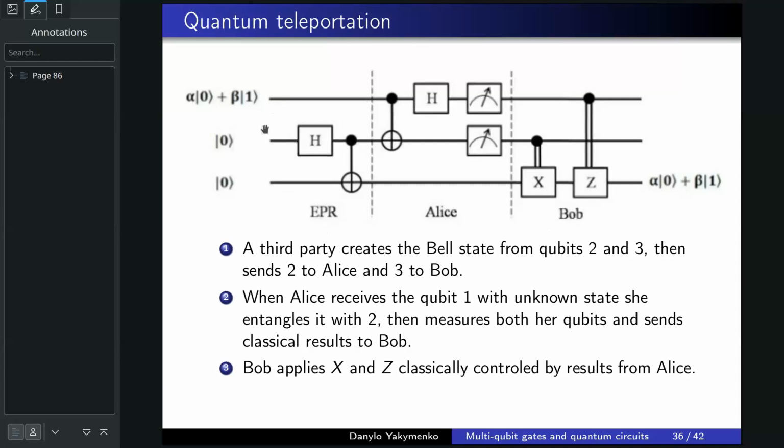In the preparation stage, you may think that this first qubit does not even exist yet. We have the second and third qubits in the ket 0 state, and we entangle them by this operation. And it was mentioned by Andrei that it actually produces the Bell state. It entangles these 2 qubits, and the result will be the Bell state on these 2 qubits.